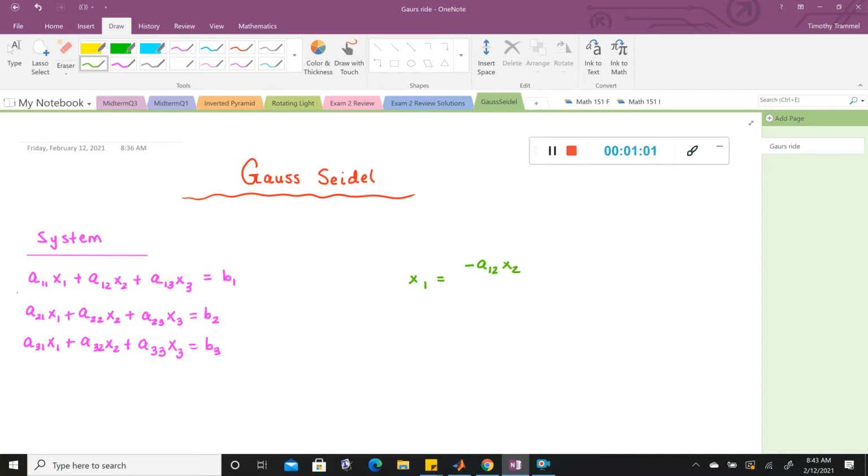And also keep in mind, we will have to divide both sides of the equation by a11 as well, so I'm just going to do that right now. Divided by a11, and again this was x2, and then we'll have minus a13 divided by a11, and then we still have the plus b1, but remember we had divided both sides of the equation by a11.